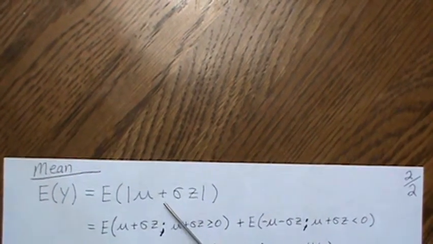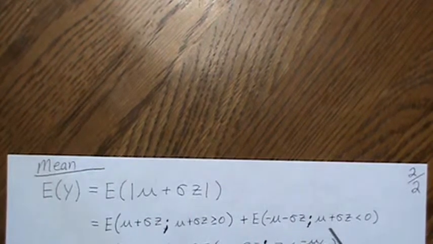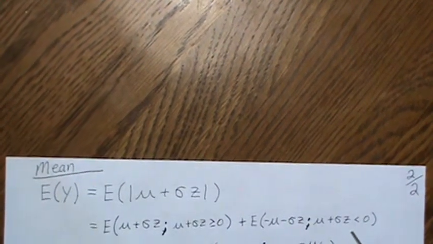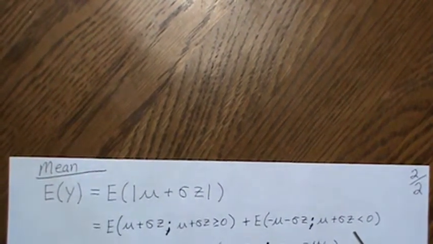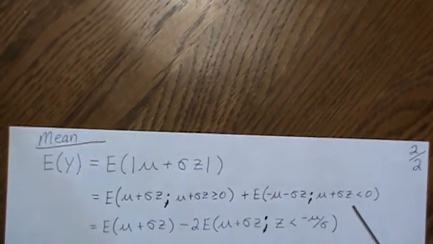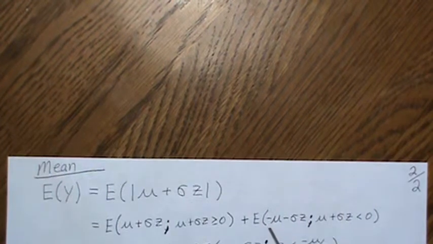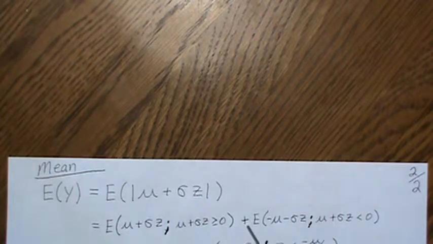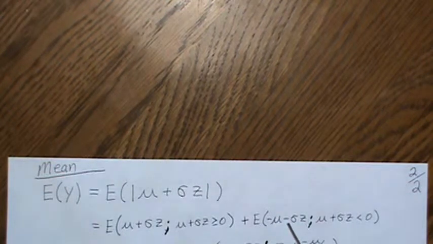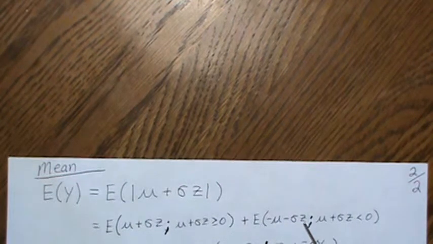And then where this is negative, you take the negative of it and it makes it positive, where this is negative. Okay, well, let's do this then. If we factor out a minus from both of those, it'd be the expected value of mu plus sigma z.